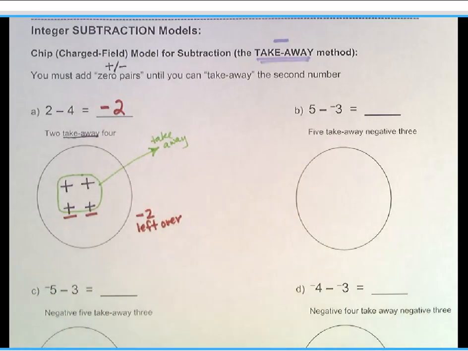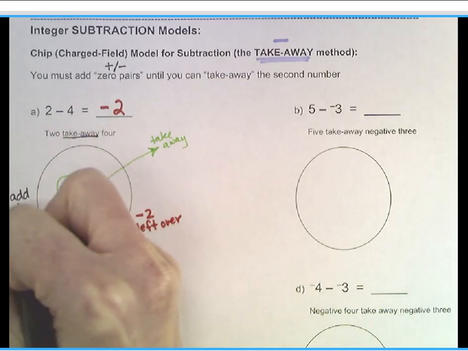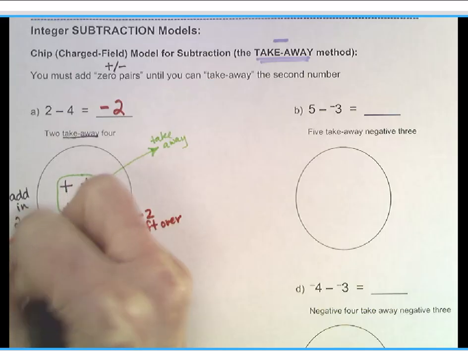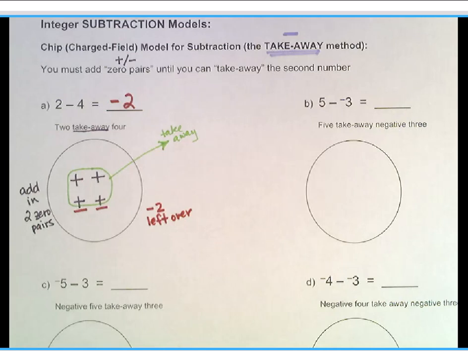That's what's left over once you add in some zero pairs. So on this one, we're going to add in 2 zero pairs. That's what we had to add to this one in order to have enough positives to actually physically take away. I know this seems strange, okay, but give it a chance.